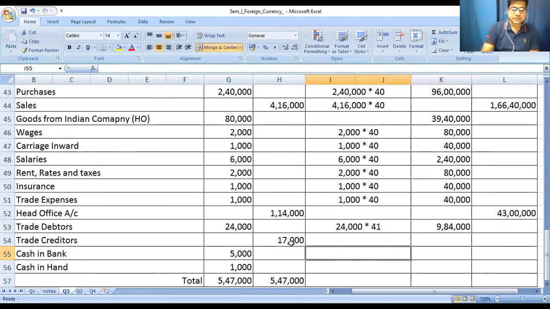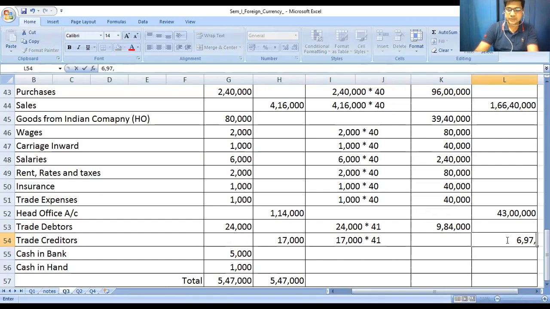Next, 17,000 US dollar trade creditors. Which rate applies? Closing rate. For all balance sheet items we have to use the closing rate. 17,000 multiplied by 41, 6,97,000.